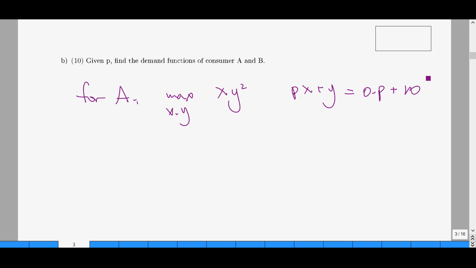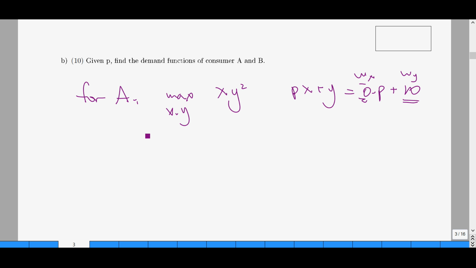Find demand, you actually need to do some algebra. So for A, we want to always maximize utility, so I'll ignore the A's because it's hard to write every time. The budget is px plus y equal to, A has all the y's, so it's kind of different, so 0p plus 10. Because this is the endowment of y, this is the endowment of x, then we can use the shortcut.